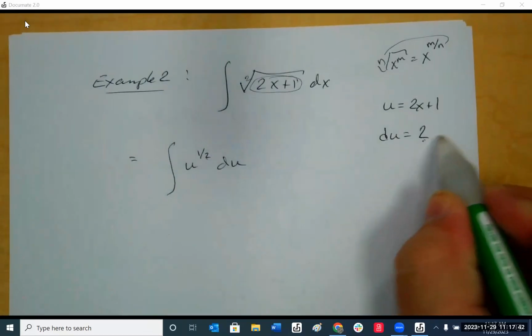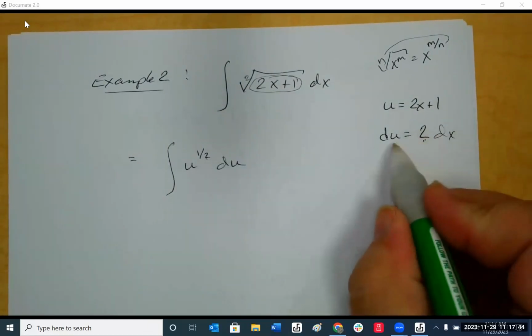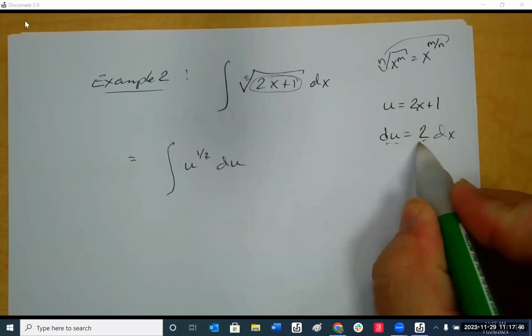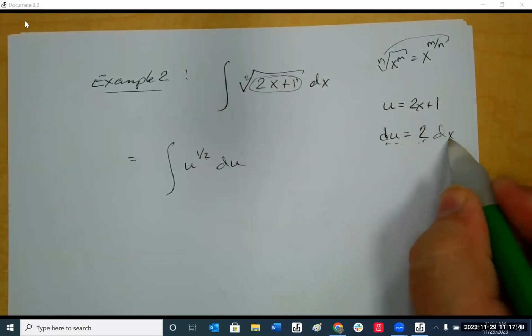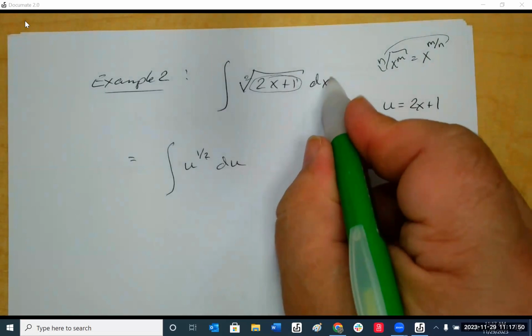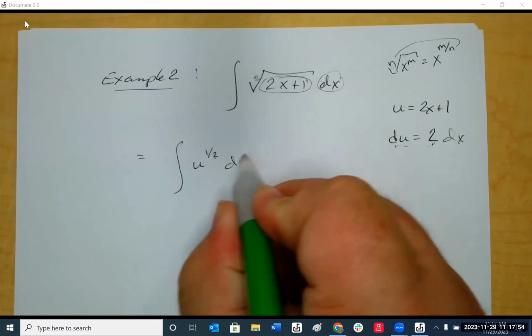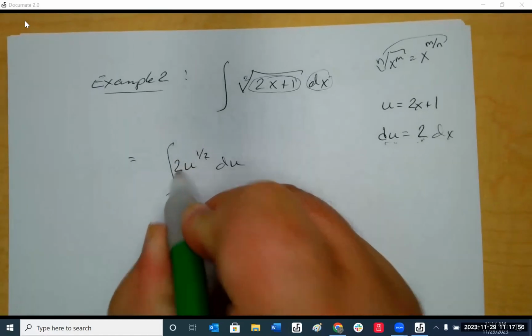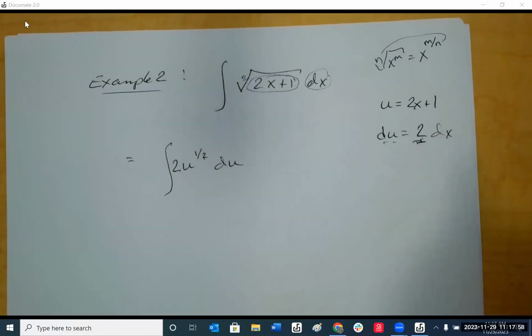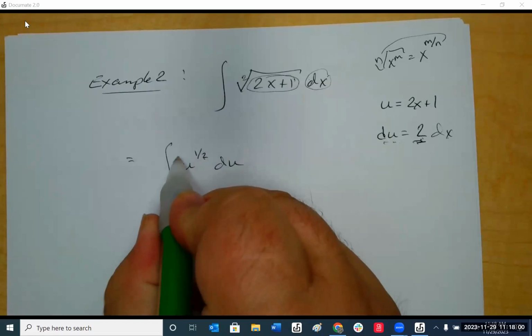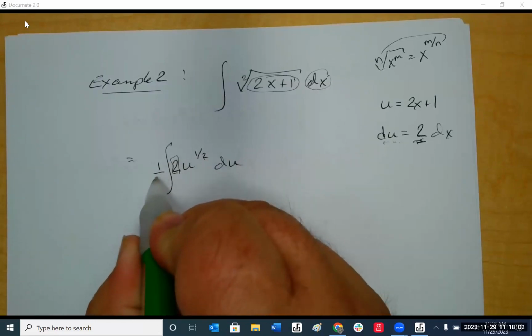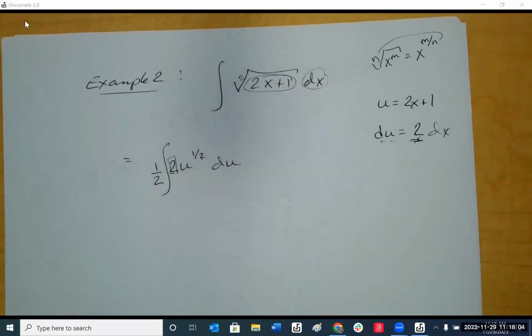Now, du is supposed to be 2, this is 2u, since you're taking with respect to x, it's 2 dx. All we have is a dx. We're missing the 2, so we have to put the 2 in there to match that. Since we put a 2 here, we have to get rid of it by canceling it, putting a 1/2 out in front.